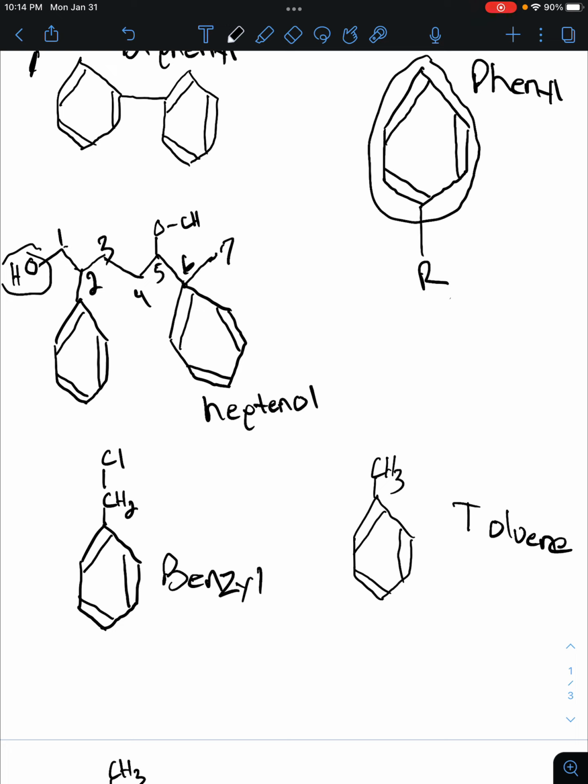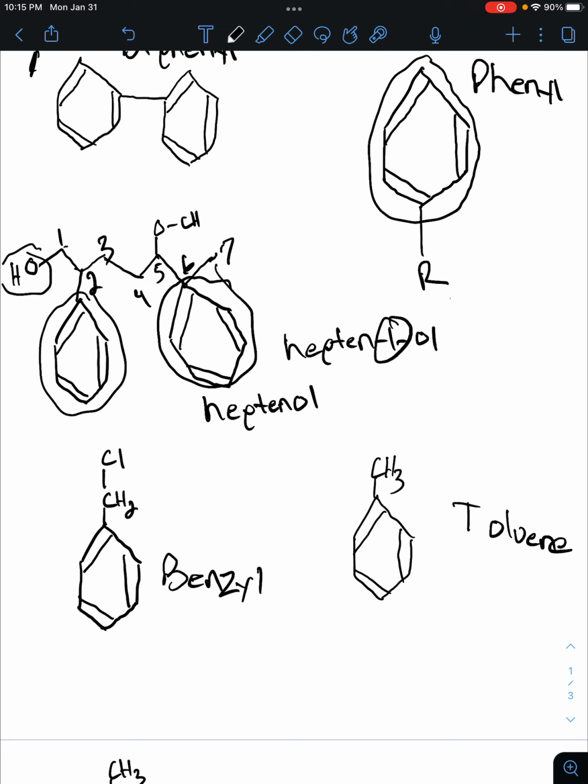Or technically, you could also put heptene 1-ol if you wanted to be real specific. But since it's the highest ranking group in the chain, the position of it is implied, so you really don't need to put this 1 here. So you have a heptenol. On this heptenol chain, we have 2 phenyl substituents, and we have to locate those. So we have 1 at the 2, and we have 1 at the 6 position.